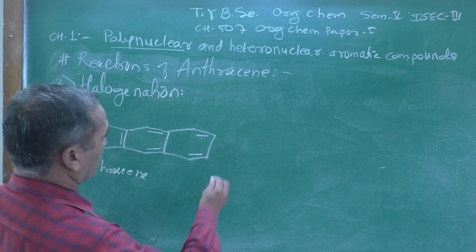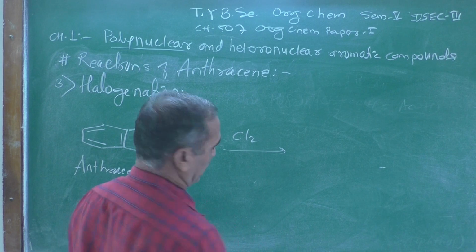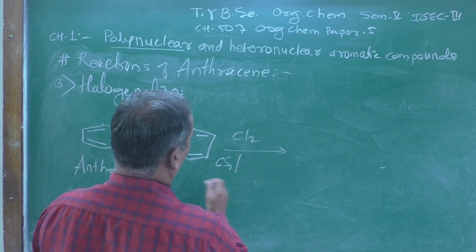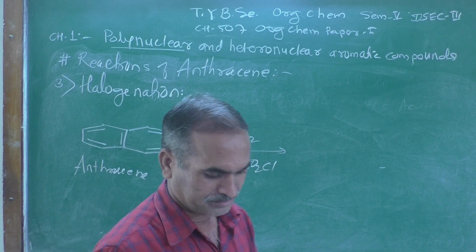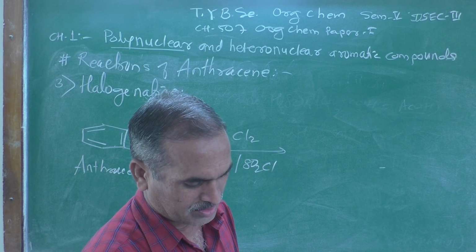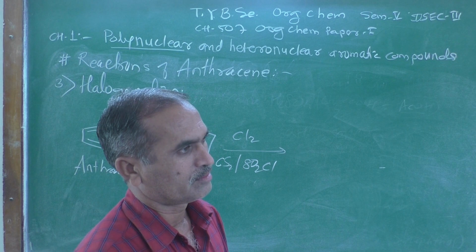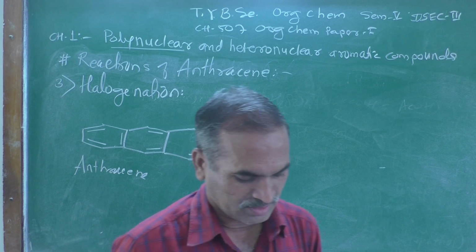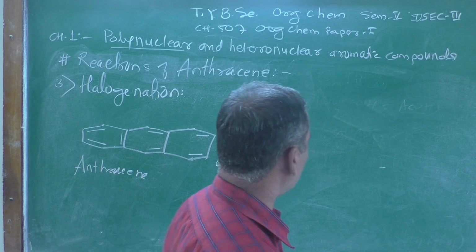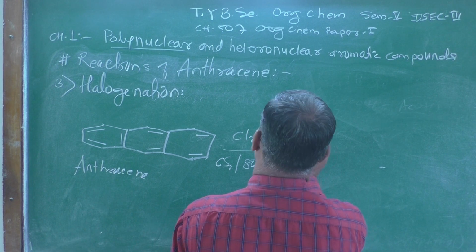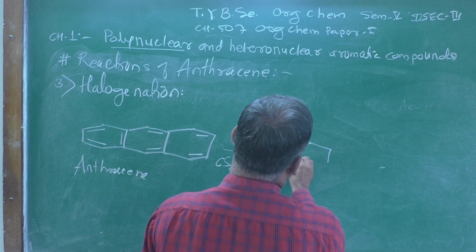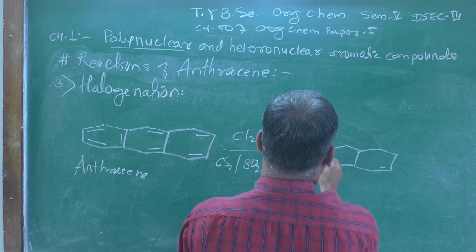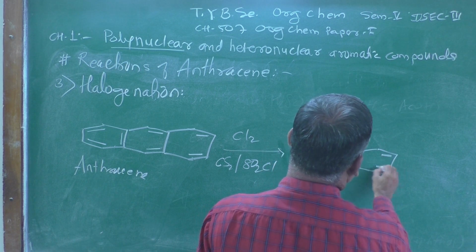Anthracene, when it is treated with Cl2, chlorine, in presence of a solvent such as SO2Cl2, gives rise to this product.